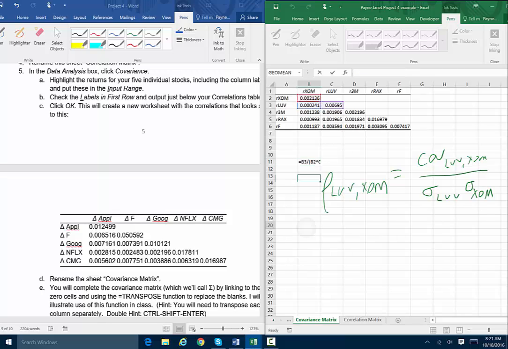So in general, the correlation between any two random variables is equal to the covariance between those random variables divided by the standard deviation of one times the standard deviation of the other one. So that's a relationship between covariance and correlation.